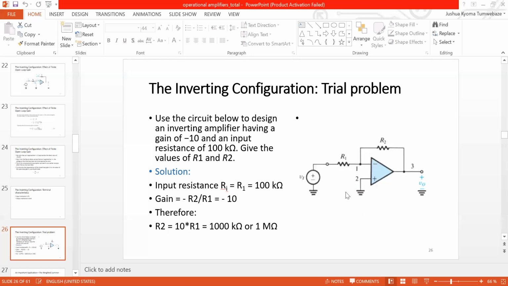You can look at the trial exercises, and you can also look at the back of chapter 2 of microelectronic circuits. There are many simple problems which you can attempt. Okay. Do you have any questions?